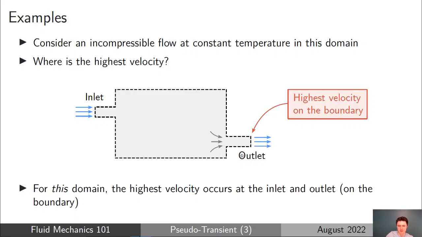For this domain, if this was an incompressible flow at constant temperature, the flow would come in and rapidly expand into this room where it's going to be very slow moving. The highest velocity in this case is actually on the boundaries of the domain, the inlet and the outlet. So for this domain, we could quite happily specify the inlet velocity as our characteristic speed, and that would be the same as we used for the example with the box of air.